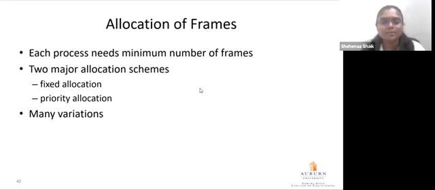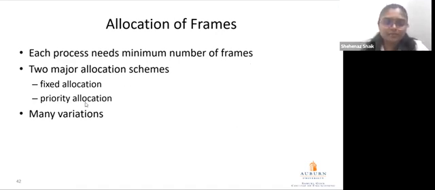But as we do it, of course, we want to consider what is the minimum number of frames that a particular process needs to be allocated so that it can continue with the program execution.